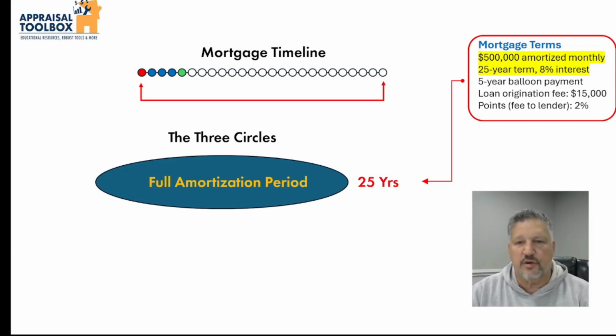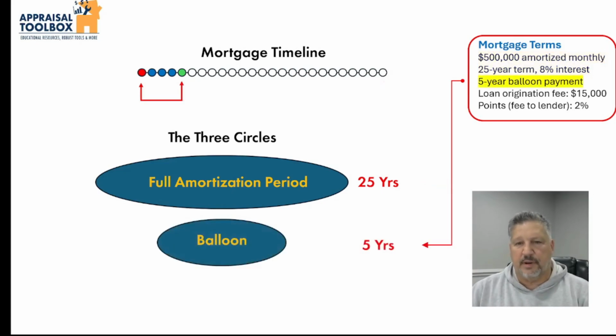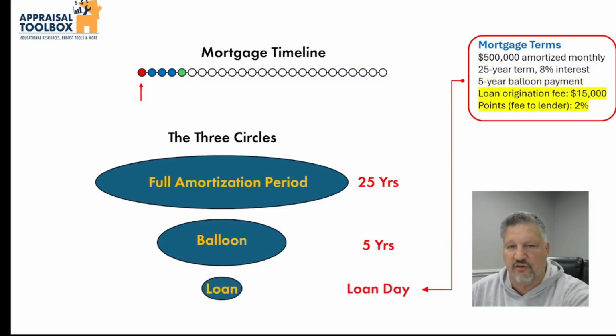But then if we continue to the investment period as it's reduced by the balloon period, really what we have is a 5-year investment period for the lender, or a series of cash flows that only occur for 5 years. And then finally, we need to deal with those points and origination fees that are paid on the date of the mortgage. So it's a step-by-step process, and it's 3 steps because there are 3 different timelines, if you will, or time periods that are in play for these problems.